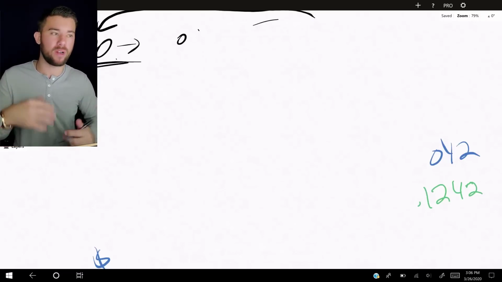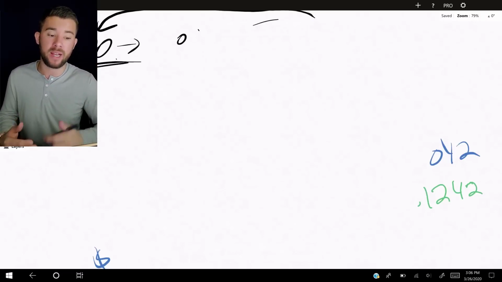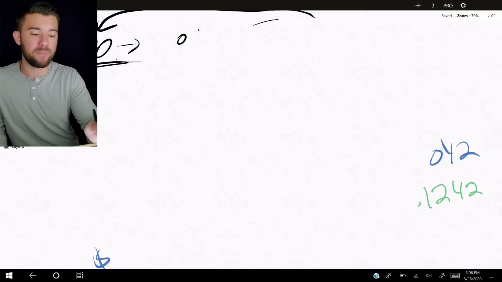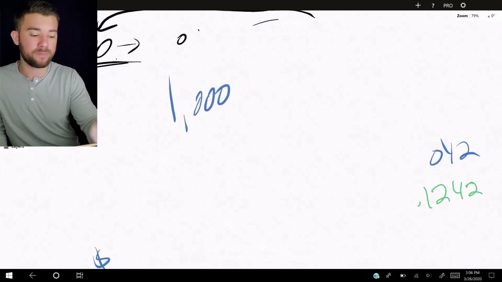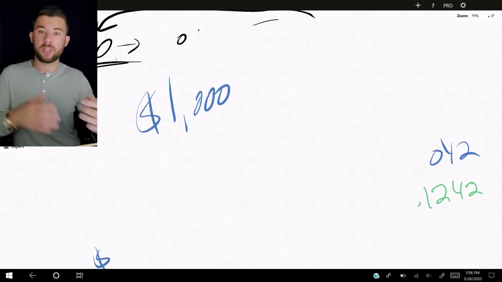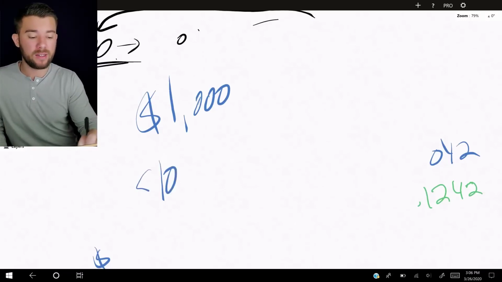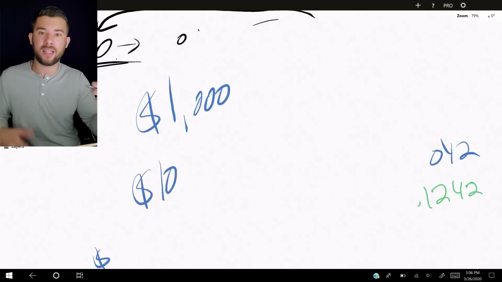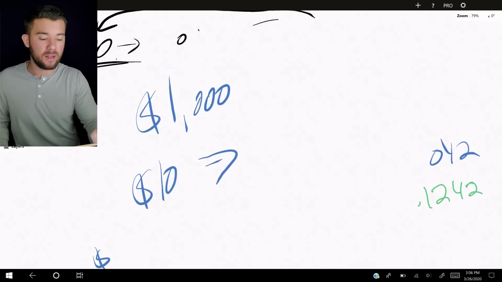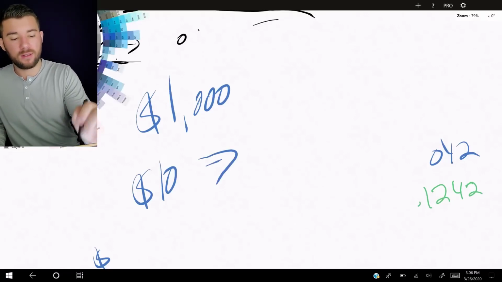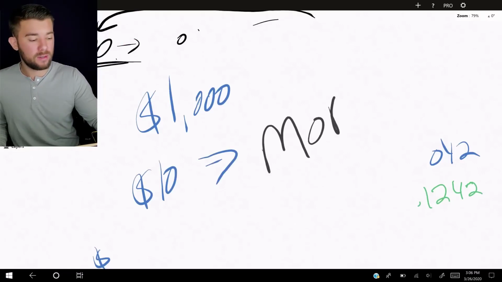The stop loss is so important. When you have a set risk management plan, you have a $1,000 account and you're doing risk management correctly, you're only risking $10 per trade. Leverage just allows you to be in more trades.